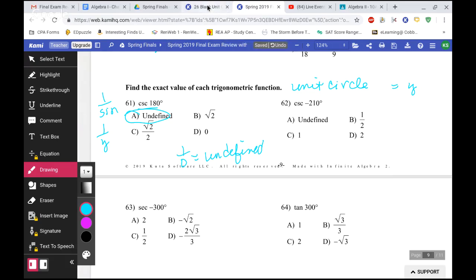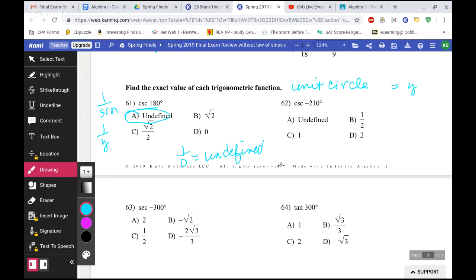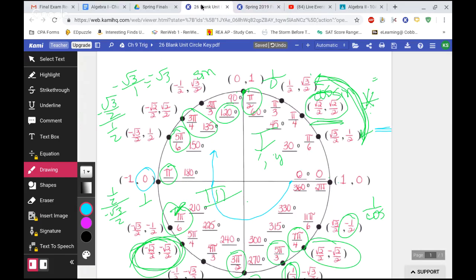Cosecant of negative 210. Basically, what that means is that I'm starting at this position over here and going in a clockwise fashion to 210 degrees, which is going to be the same as my 150, because I'm going 30 past the 180 mark, okay?